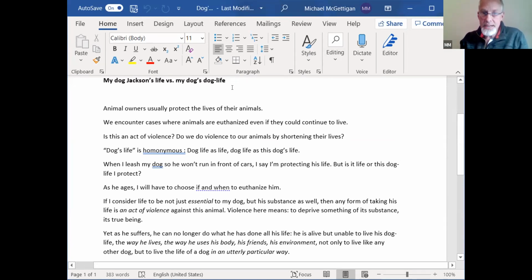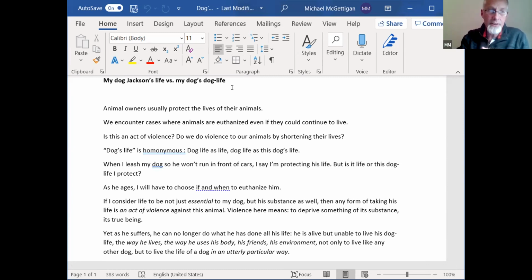So I'm just going to read this. Animal owners usually protect the lives of their animals. We encounter cases in life when animals are euthanized, even if they could continue to live, right? Is there a contradiction here? Is this an act of violence, to euthanize your dog when it could still live? Do we do violence to our animals by shortening their lives?